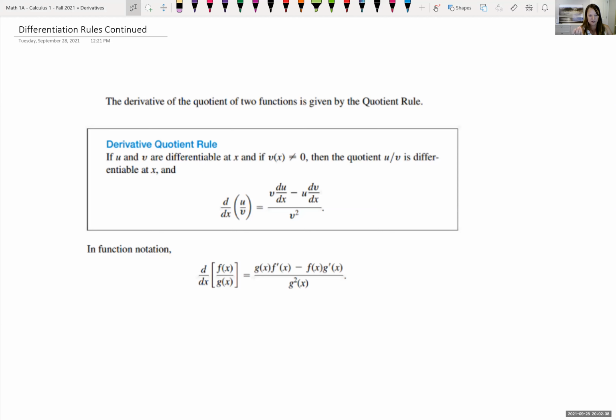And also in front of us is a little bit different notation than what I had written out yesterday. So let's just go through this and then we'll get a chance to apply it with some examples. The derivative of the quotient of two functions is given by what is called the quotient rule.